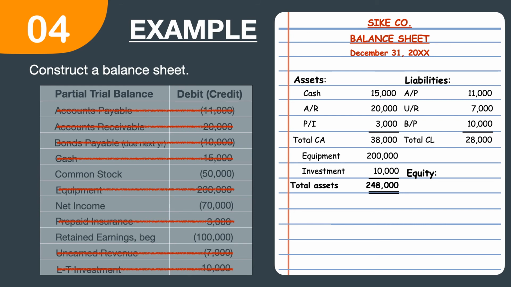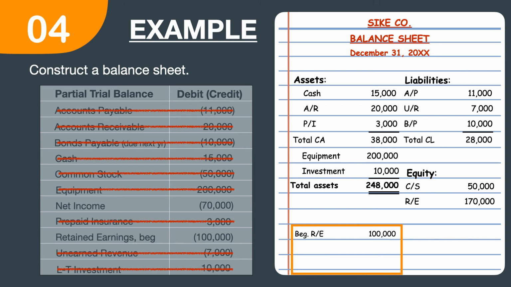It looks like we don't have any non-current liabilities, so let's just move on to equity. With equity, in order of permanence, we're going to begin with common stock for 50 and retained earnings for 170. Now, why is it 170, you ask? Great question. Let me show you how we calculated the 170. So the formula, like I mentioned, for retained earnings is beginning retained earnings.